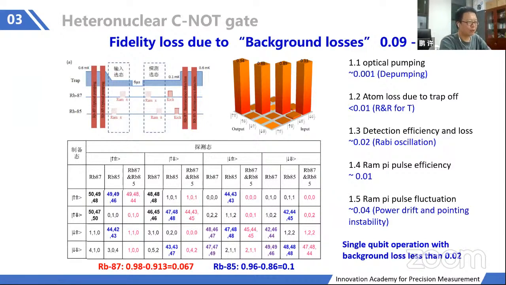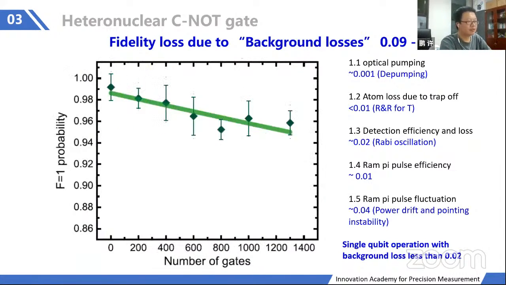And for these single qubit operations, we have improved this background loss, because in the single qubit operation, we can see here the starting point is 0.98. So the background loss is less than 0.02.